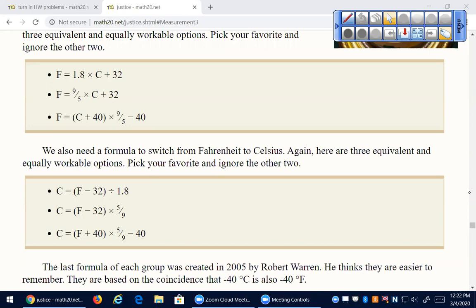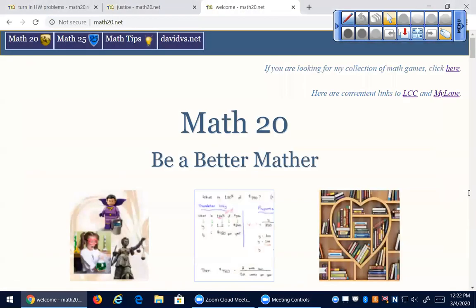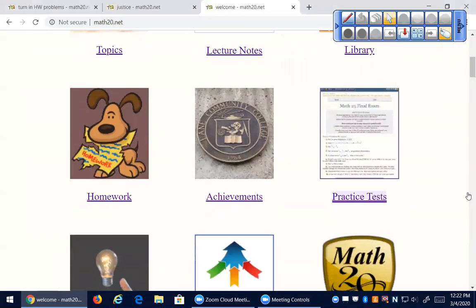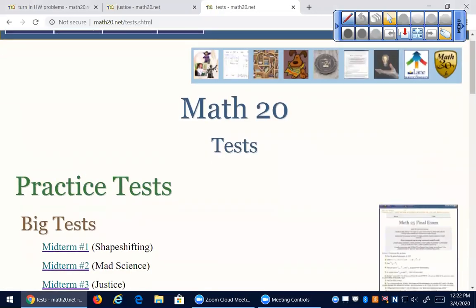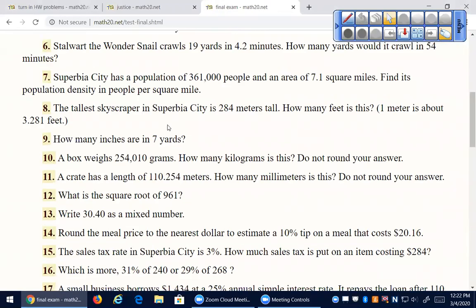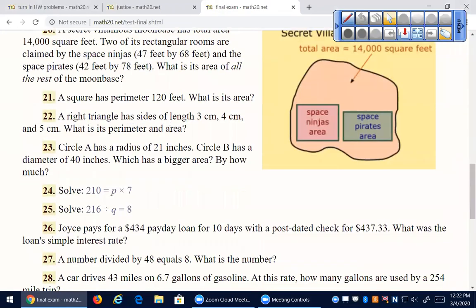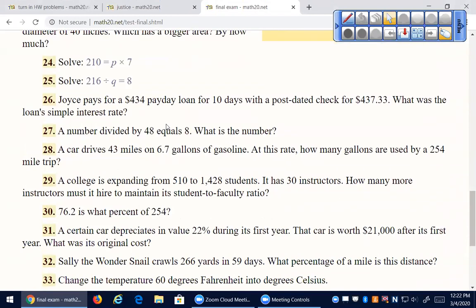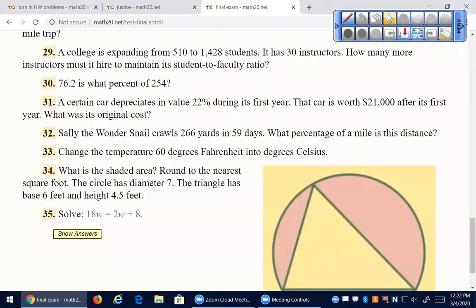Let's check on the final. Do I actually give you these formulas? I think I do. No, you have to memorize that. Okay, so you memorize one formula of each kind.